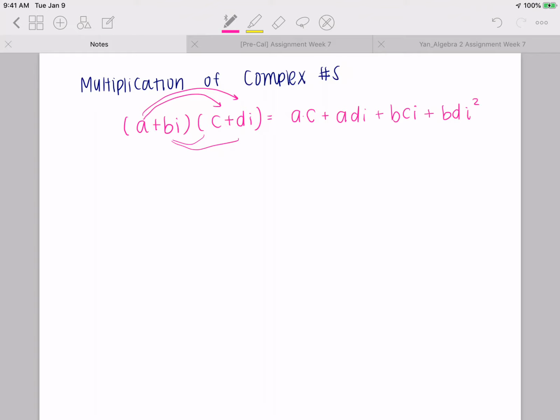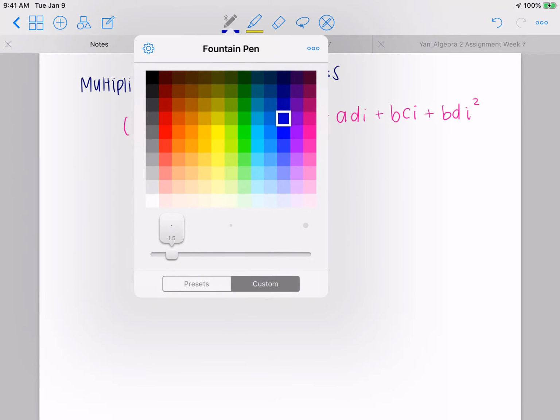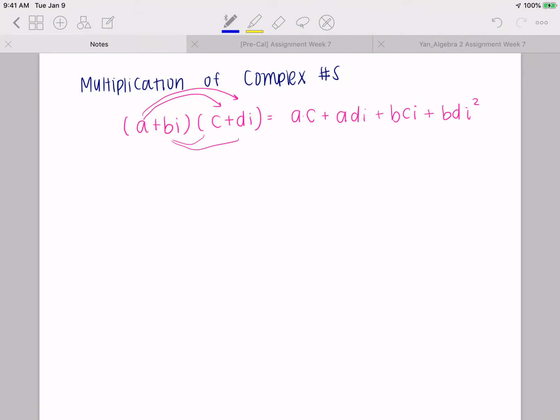Okay, I just put the letters in alphabetical order. And then we're going to see these ones are the ones with the i's, right? So any of them that only has the i with the first power, you can add those together. Then I put my i right here.